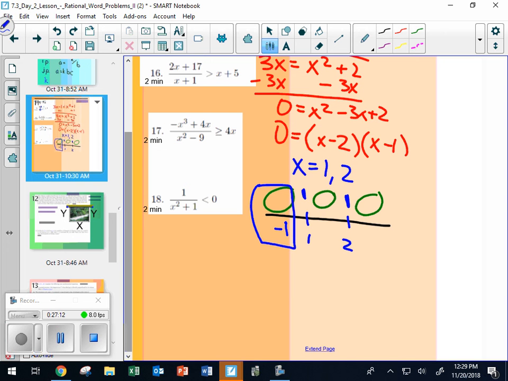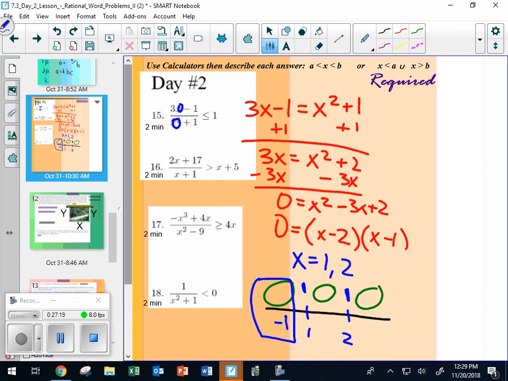Okay, what's a number between 1 and 2? 1.5 sounds like a nice number. If we put in 1.5, 1.5 squared is 2.25? Sounds good to me. So we have 2.25 on the bottom, and we have 3 times 1.5 minus 1.